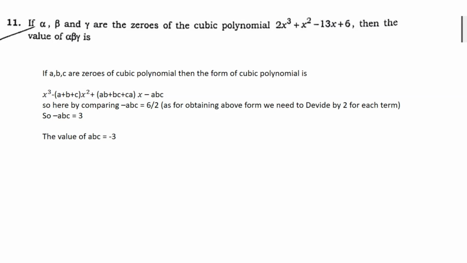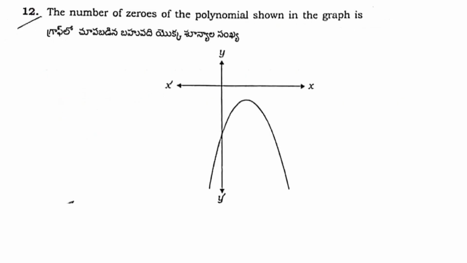So here by comparing, minus abc equal to 6 by 2. Why by 2? Here the form is x cube only, but in our question it is in the form of 2x cube. So we have to divide each term by 2. So we get 6 by 2. So minus abc equal to 3. So abc equal to minus 3.